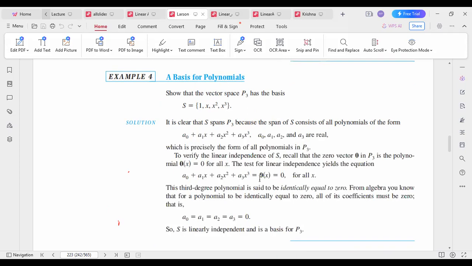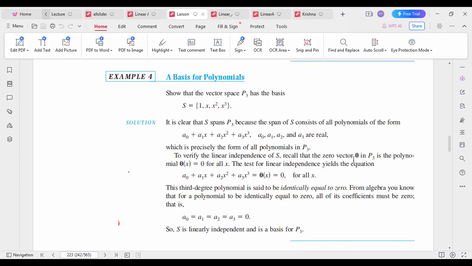Now a basis for a polynomial space. Show that the vector space P3 has a basis 1, x, x squared, x cubed. It is clear that S spans P3 because the span of S consists of all polynomials of the form a0 plus a1x plus a2x squared plus a3x cubed. That means a linear combination of this given set S. Now a0, a1, a2 and a3 are real, that means the scalars belong to the real numbers.